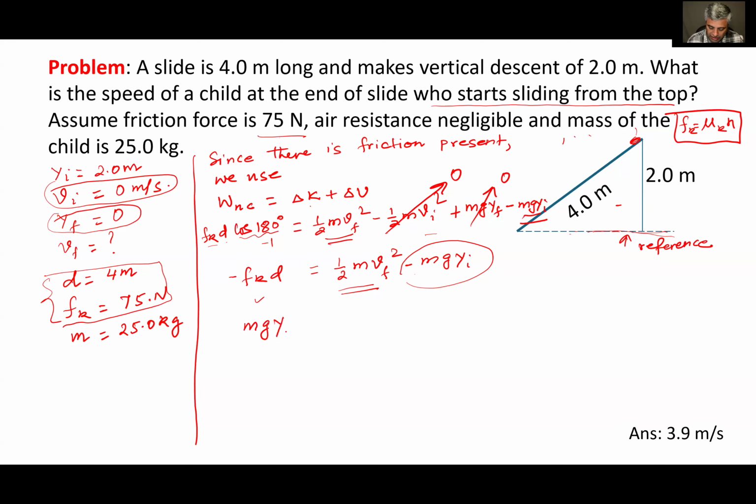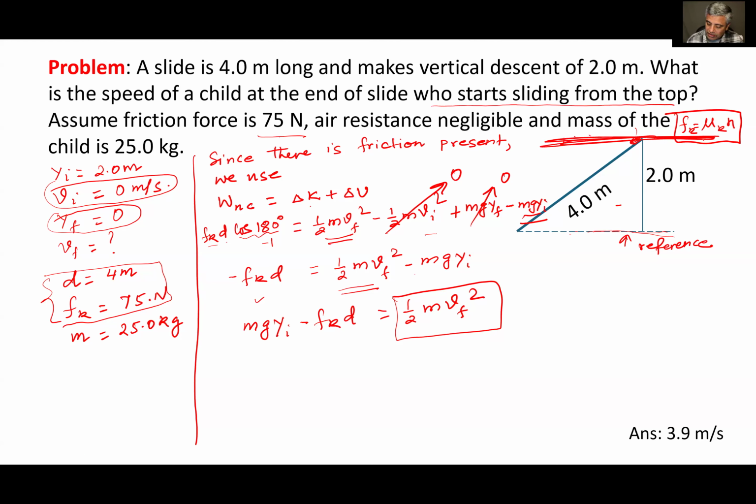So it becomes m g y_i, and I'm copying that negative F_k times d. And this is half m v_f squared. You see here, the final kinetic energy is equal to the potential energy it had over there, which is m g y_i, minus whatever energy went out of the kid because of the friction present. Okay, and this negative sign represents exactly that. So it makes sense.